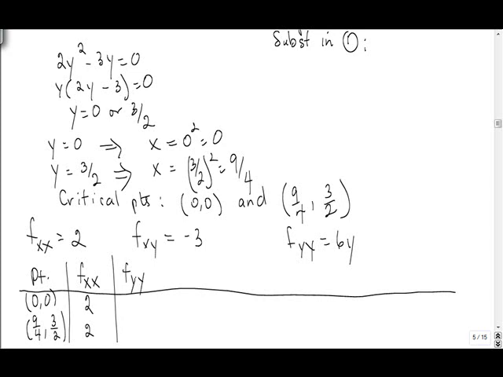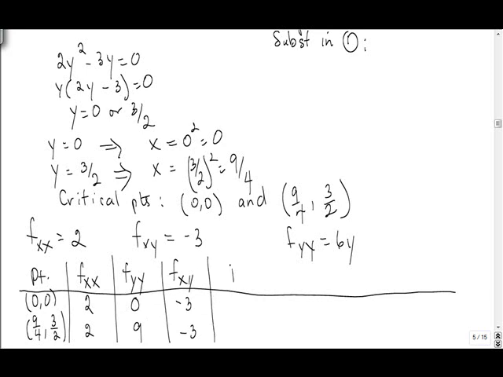Now fyy is 6y. Don't put 6y because you have to find what 6y is at the point. So at 0, 0, 6y is 0 because y is 0. At 9/4, 3/2, 6y is 3/2 times 6, which is 9. So you need to put that in. Then put fxy, which is -3, -3.